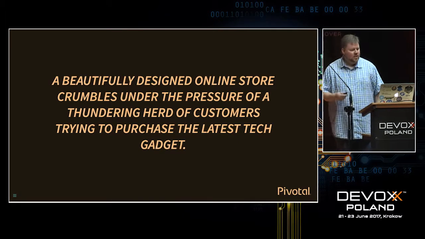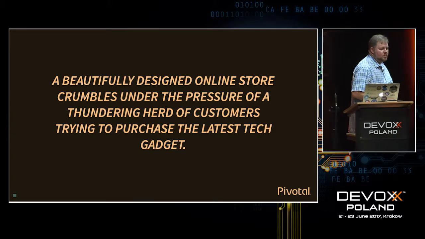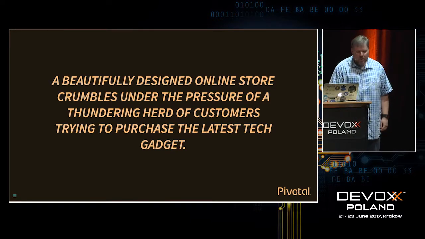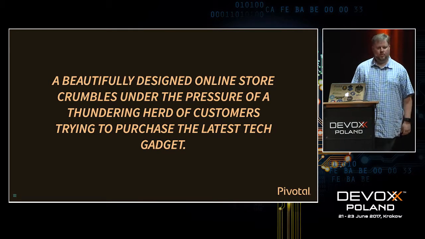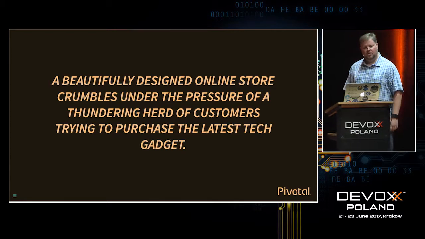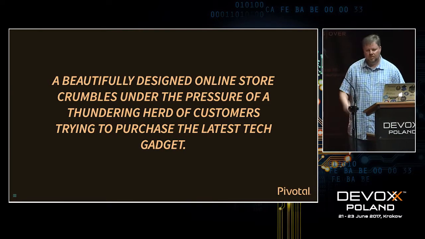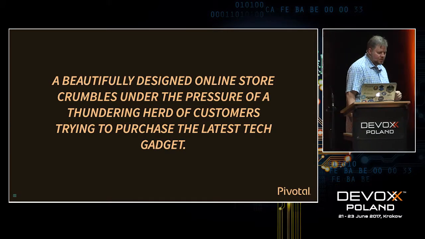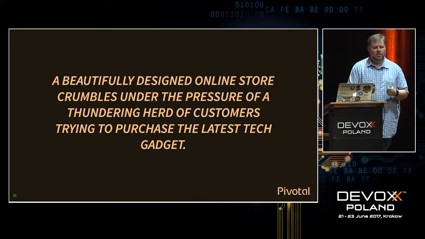Beautifully designed online store crumbles under the pressure of a thundering herd of customers trying to purchase the latest tech gadget. I used to stay up until 3 o'clock in the morning to buy iPhones. I don't do that anymore. I'm not nearly as excited about it as I once was. But myself and another speaker who's speaking against me right now, we did that one year, and we're texting at 3 o'clock in the morning: hey, have you gotten in yet? No, I haven't.